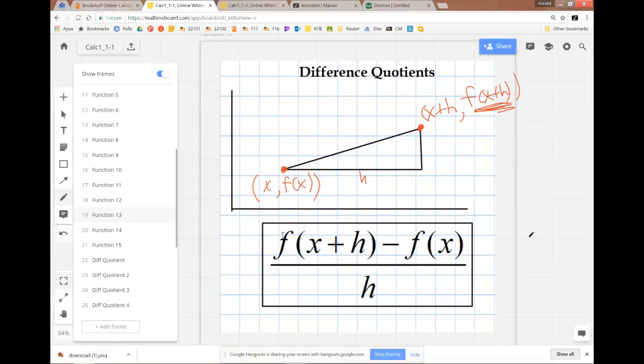And then on the bottom, you put the change in x, x plus h minus x, which is just an h. And this is a difference quotient. And that's huge. As we develop the basis for a derivative, it's all based on finding difference quotients.